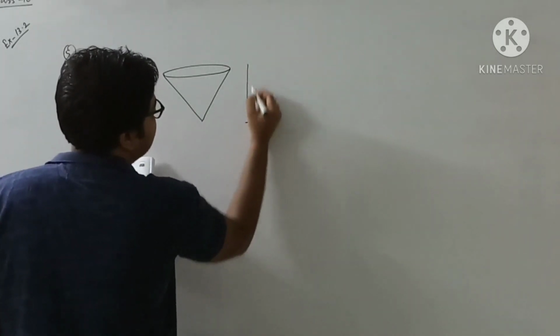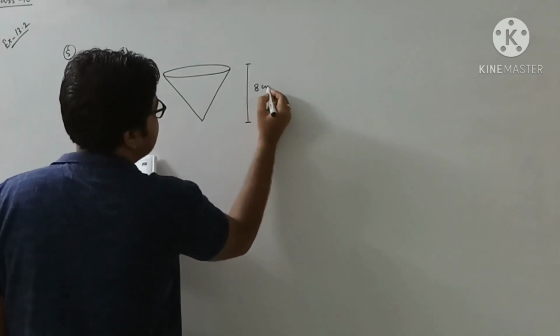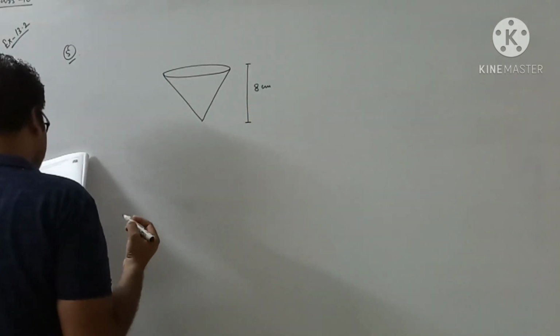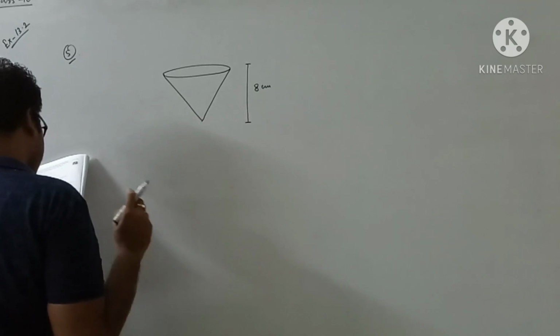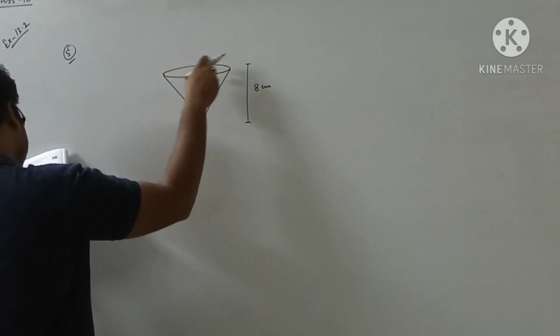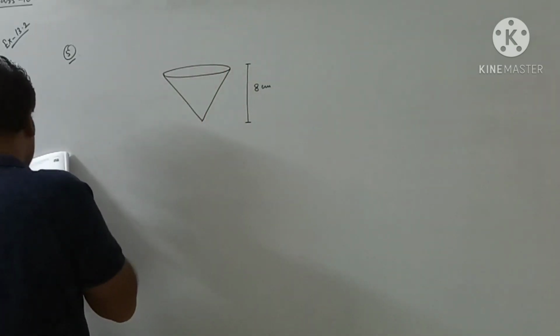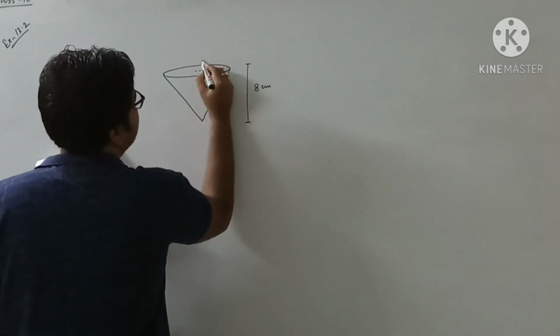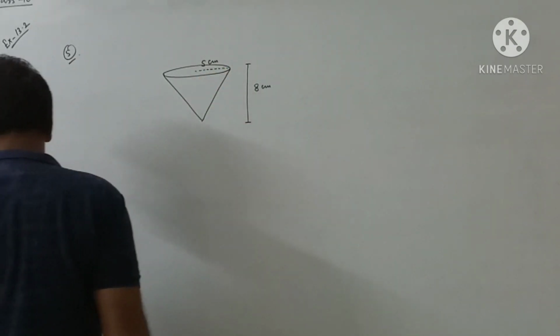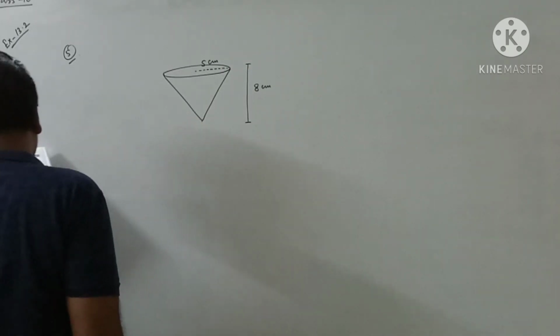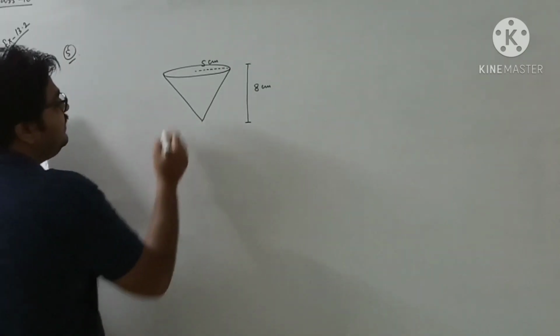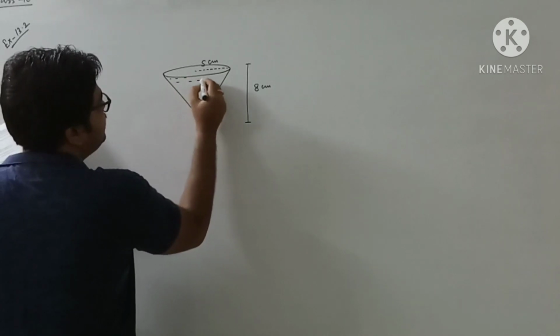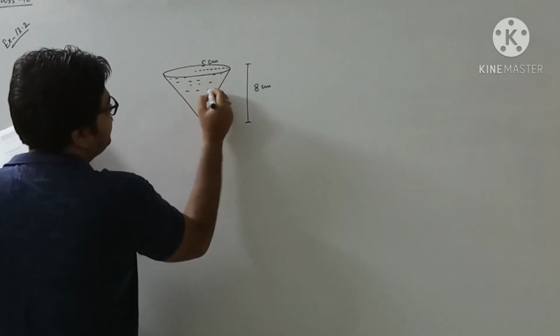So the height of the vessel is 8 centimeters. And the radius of its top, which is open, is 5 centimeters. It is filled with water up to the brim. So it is completely filled with water.